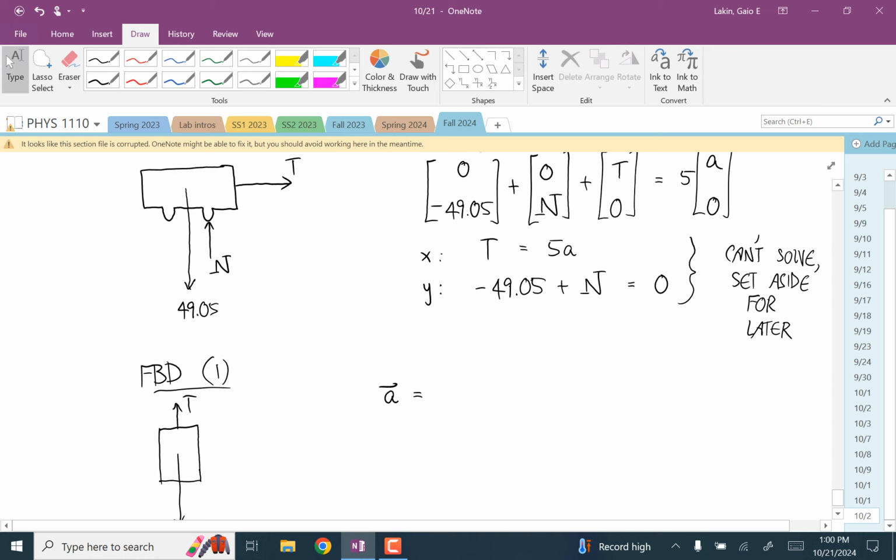But now we're going to write it as 0, negative a. So this is what we got from moving the first body in its positive direction.